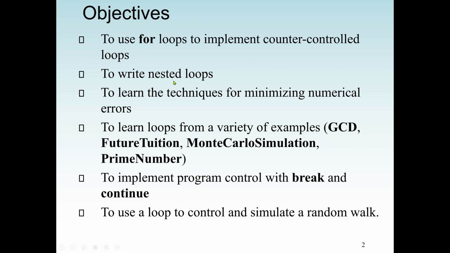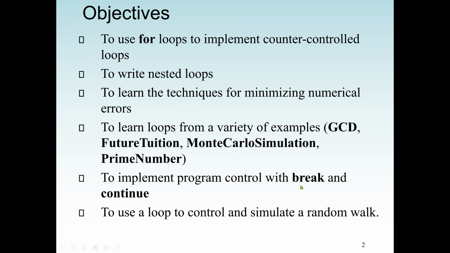We're also going to learn how to use nested loops, which is a loop inside another loop. Also, we are going to learn how we can use loops to implement the following example programs. For example, how to find a prime number, how to implement the multi-color simulation, which is based on probability concepts. Also, future value.